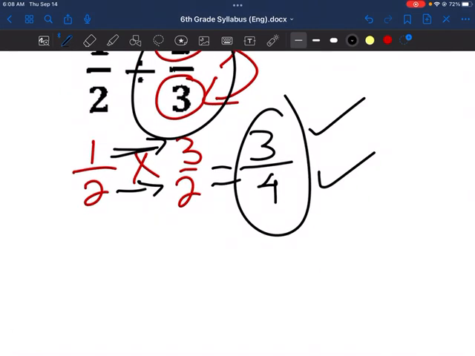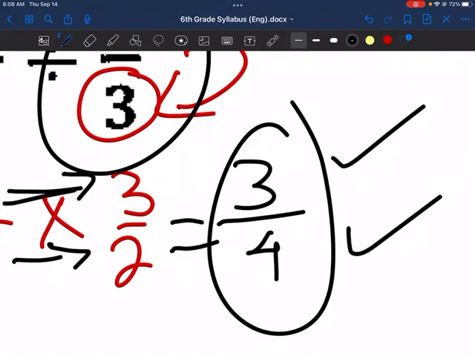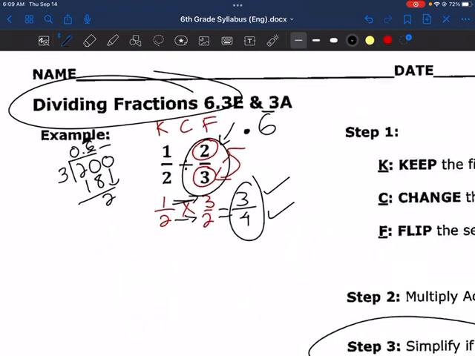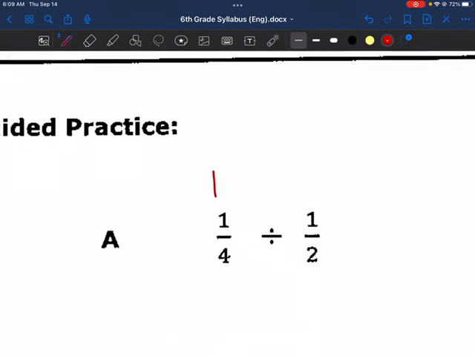So let's practice. Keep, change, flip. Not KFC, KCF. El pan. Qué rico. Just kidding. Ahora, we're going to keep this one. We're going to change the division to a multiplication, and we're going to flip the fraction.